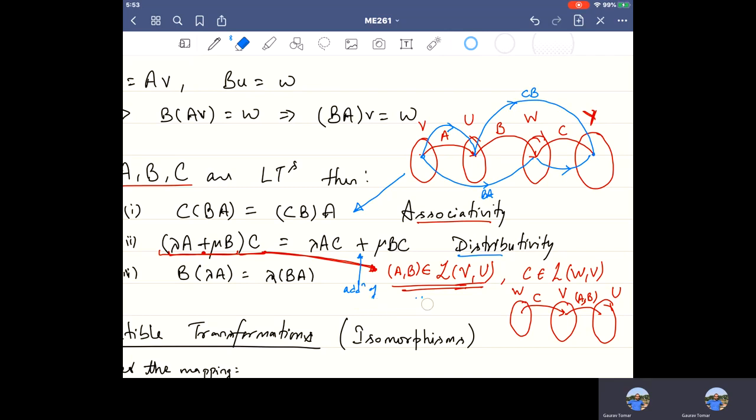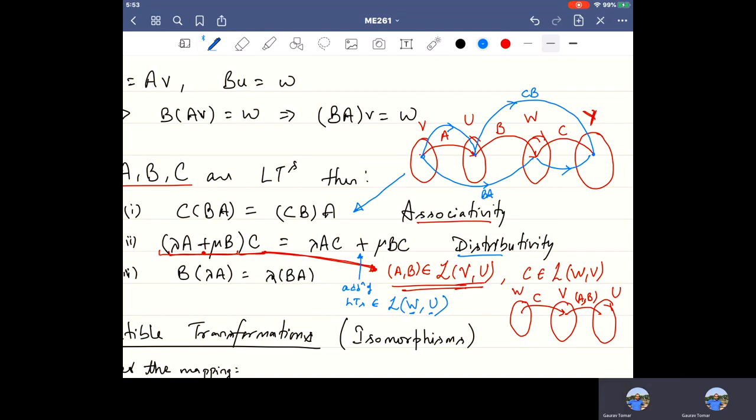Okay, this is not addition of vectors. Nope, it's not addition of vectors. It's addition of linear transformations, and belonging to which set? You're taking a vector from W and mapping it to U. That's what this is. So this is addition of linear transformations from the set of linear transformations W to U.